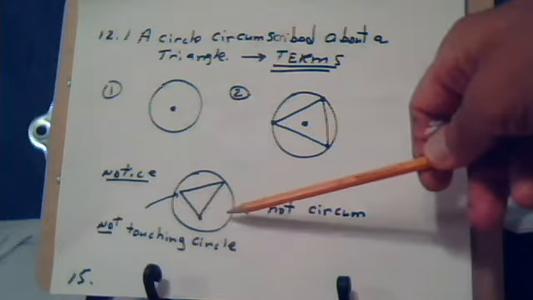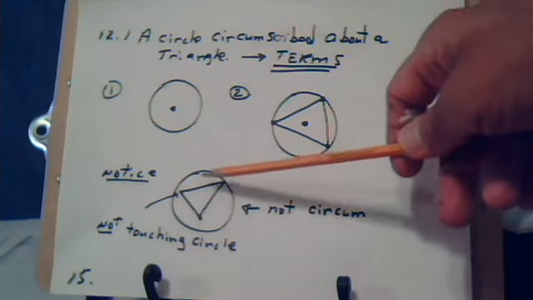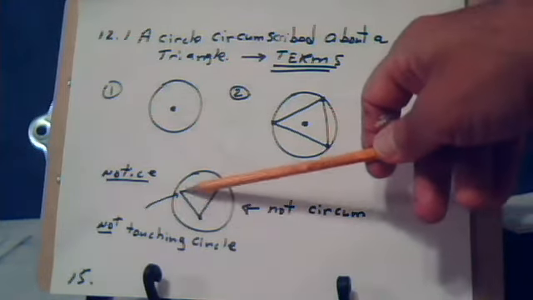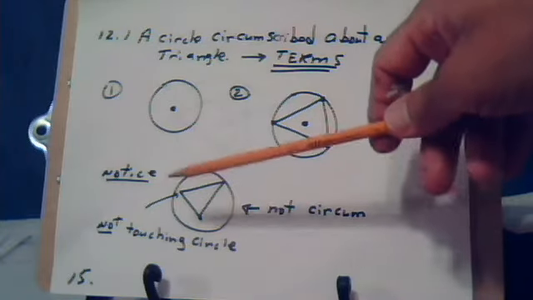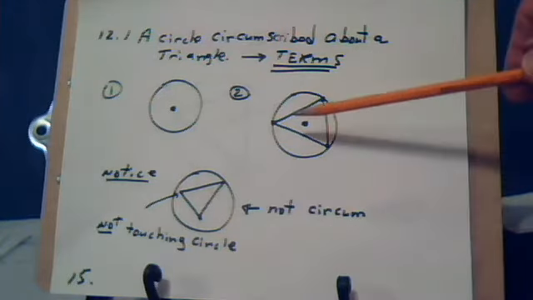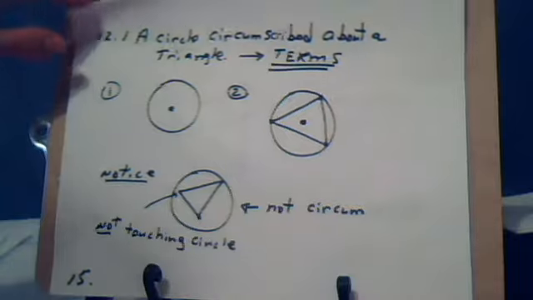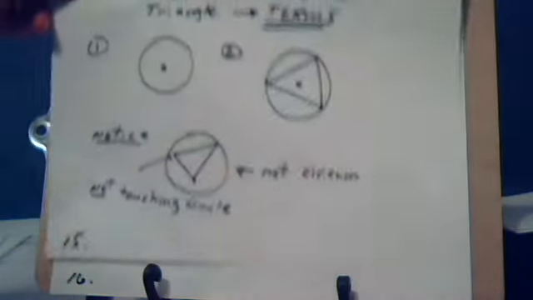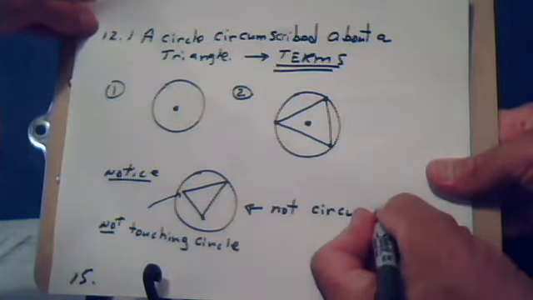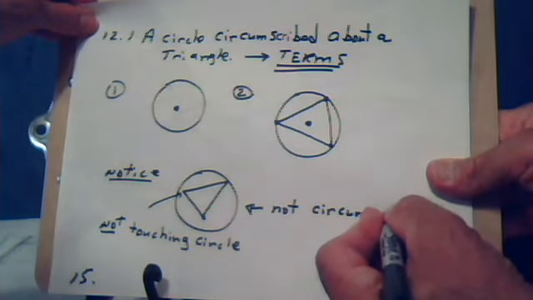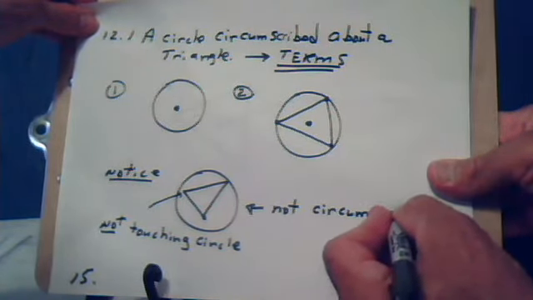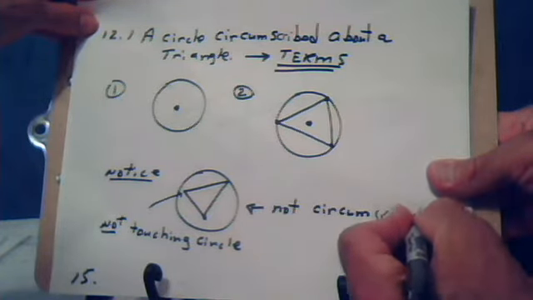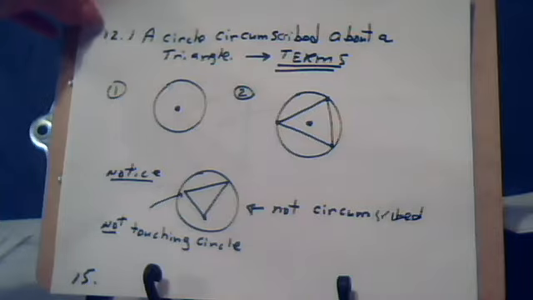Notice right here, we can't say this triangle is circumscribed by the circle. Why? Because two of the vertices are not touching the circle. So this one doesn't qualify. This one does. Circumscribed.